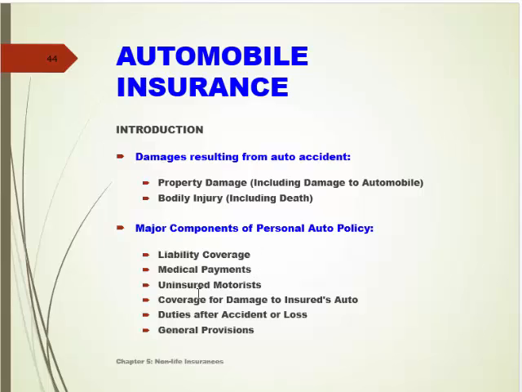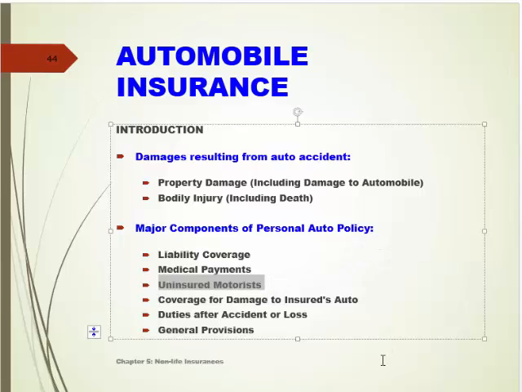We need to cover medical payments. In most states, you need to have uninsured motorist insurance because frequently people don't have insurance. And who pays the insurance? If the person hits you, they should pay, but they don't have insurance. So you have to have insurance to cover that.